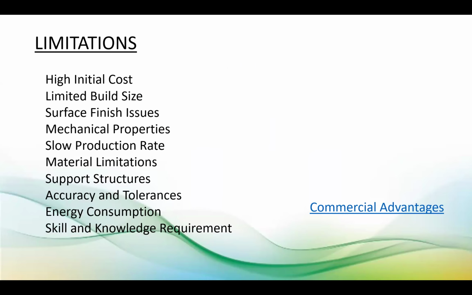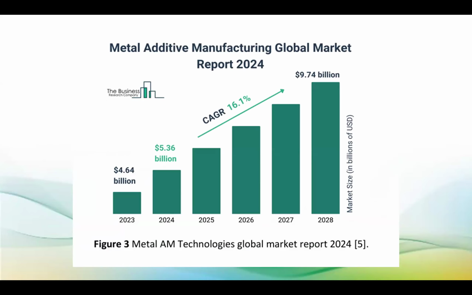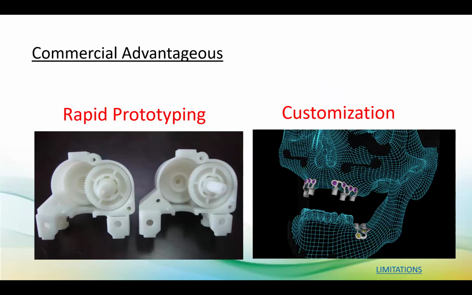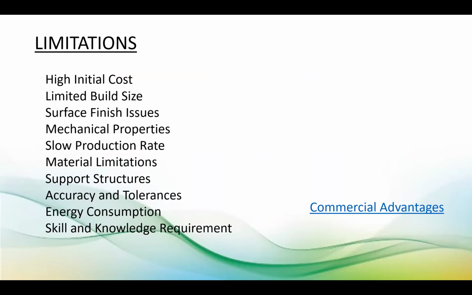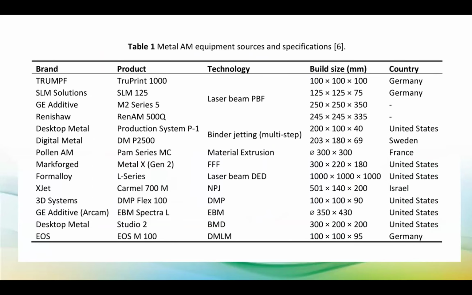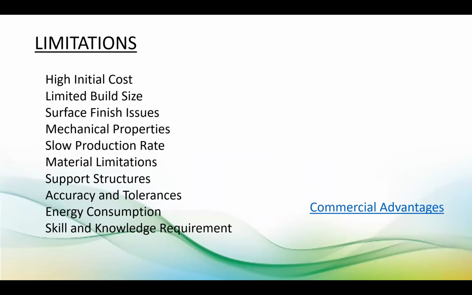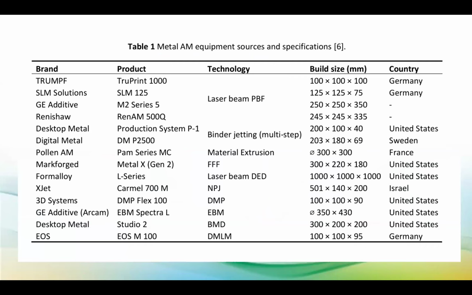Can you think why this is happening? It is not because of customized product. Another important point is the limited build size. Nowadays, 3D printers are available and the build size of printers is increasing day by day.